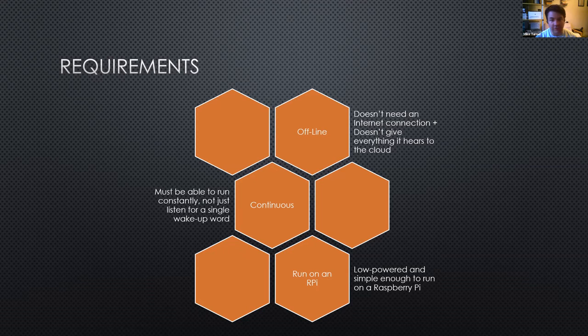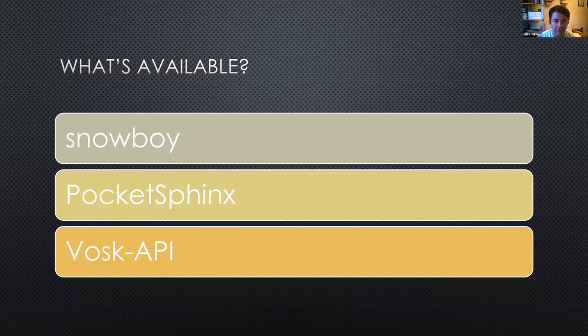Quite often they would do the wake-up call using one system and then offload the voice recognition to one of the online APIs. So I scrapped all of those and narrowed it down over time to a series of three different libraries.